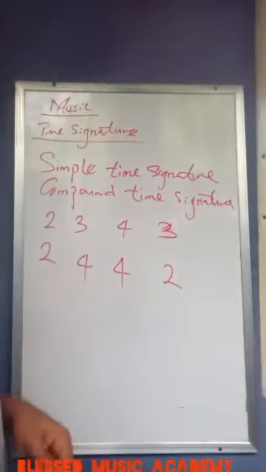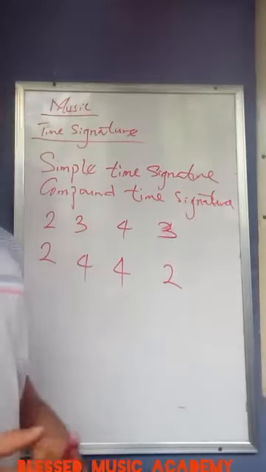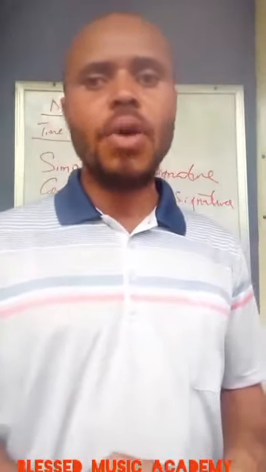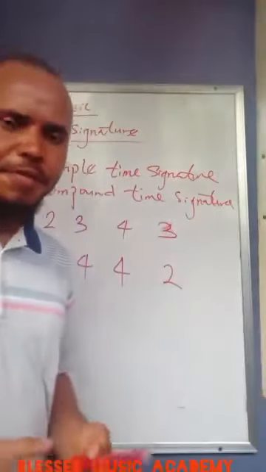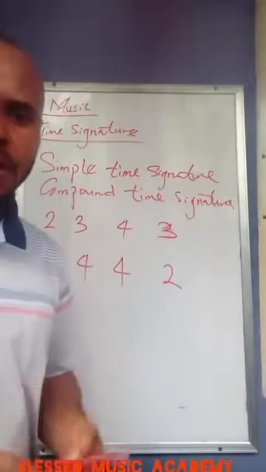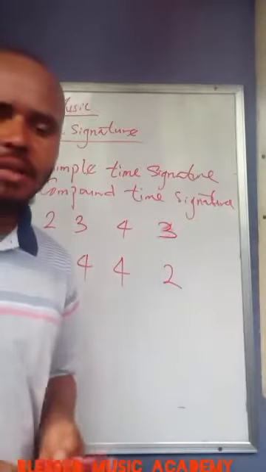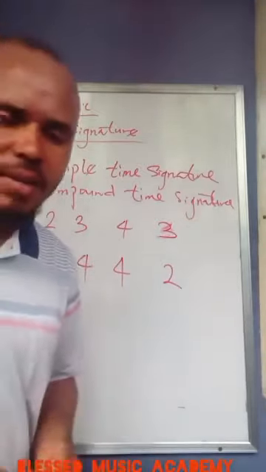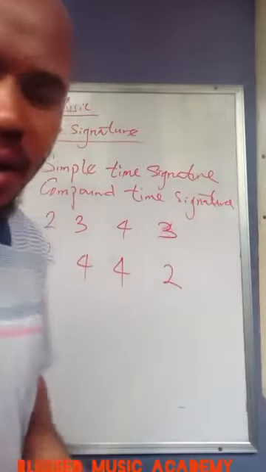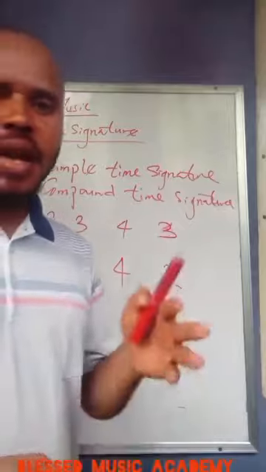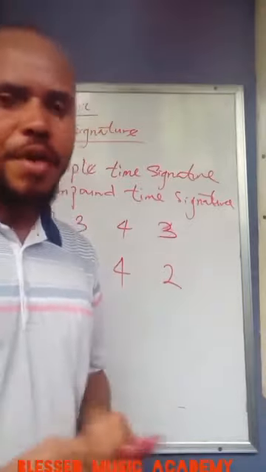In my previous video I've done what we call musical notes and symbols, where you have breve, semibreve, meaning minim, crotchet, quaver, semiquaver, demisemiquaver, hemidemisemiquaver.